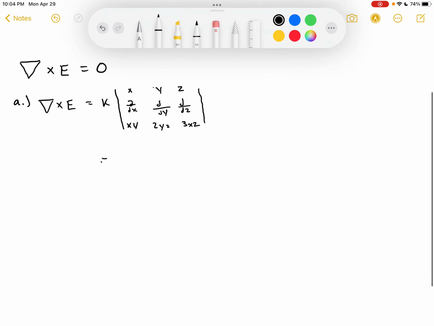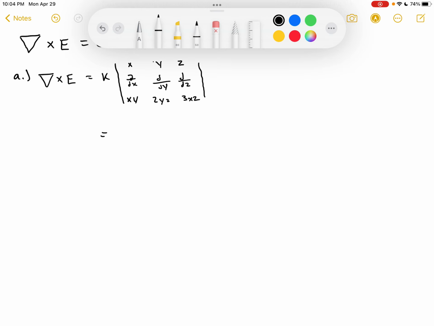So that is then just equal to K times x, and 0 minus 2y, plus y, 0 minus 3z, plus z, 0 minus x.